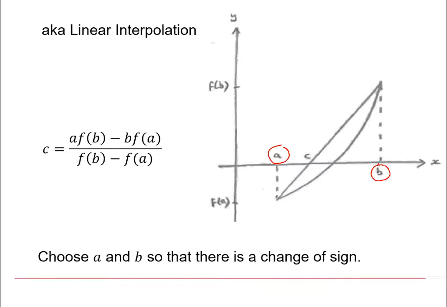Then, whereas for the bisection method we would take the midpoint of A and B next, for the method of false position we are going to treat the function as being approximately linear between A and B, so that although the true point of intersection of the curve with the x-axis is as shown there, we're going to be finding out this point C. And we're going to see in a moment that the point C is given by this formula here.